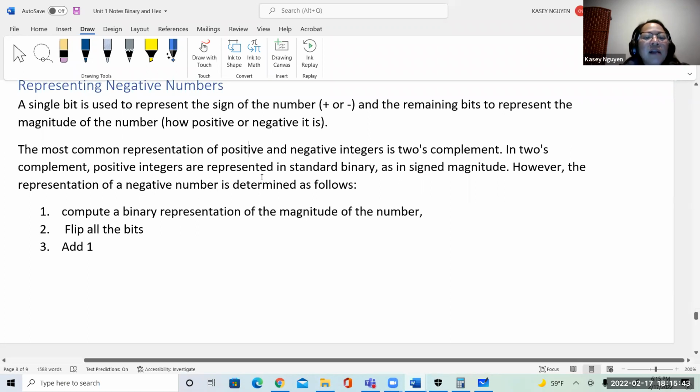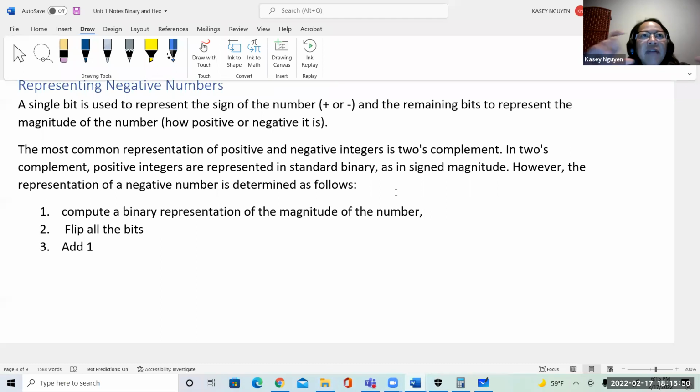It would go through a process called the 2's complement. In the 2's complement, it would take the binary value of 22, apply the not operator or flip the bits, and then add 1, and that 1 is going to represent the sign as a negative. So when we say negative 22, it takes the 22 value in binary, flips the bits or applies the not operator, and adds 1.